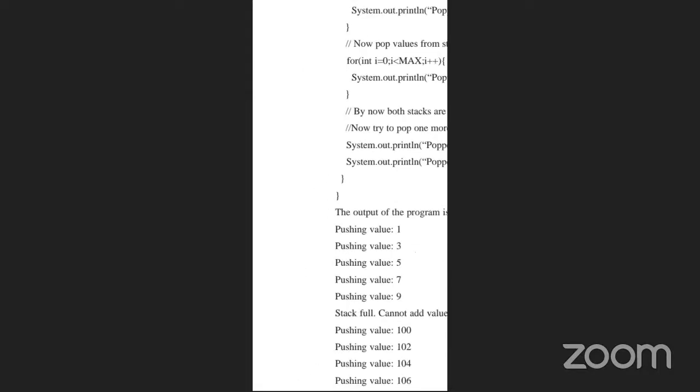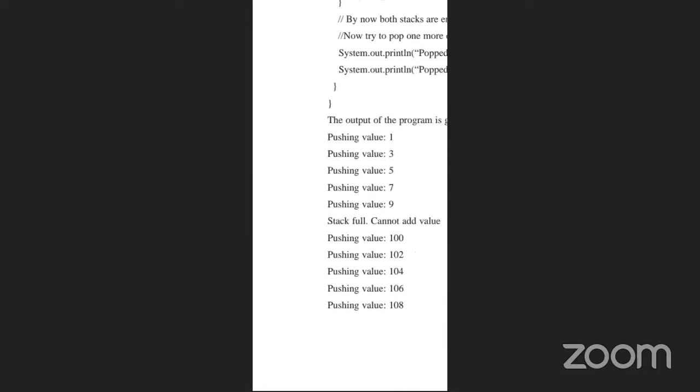What is the argument I am passing? i into 2 plus 100. That is 0 into 2, 0 plus 100, 100. Then next 101. The next 102, 104, 110 will be there. After that, it won't take anything. So everything will be popped like that. The output will be given to you. Are you able to see the output?